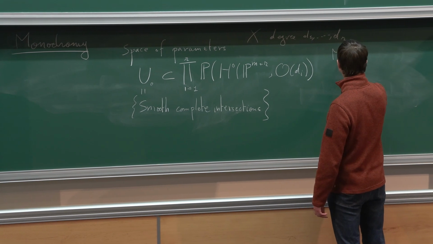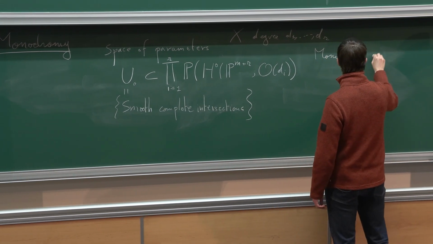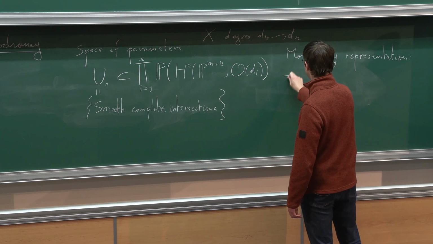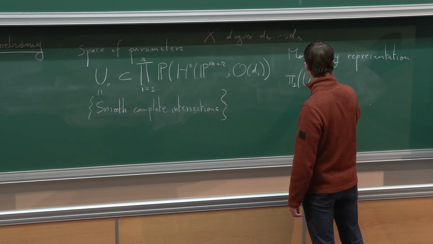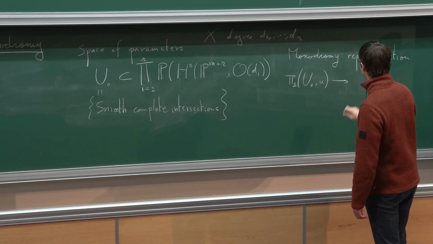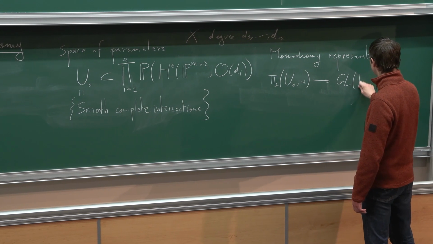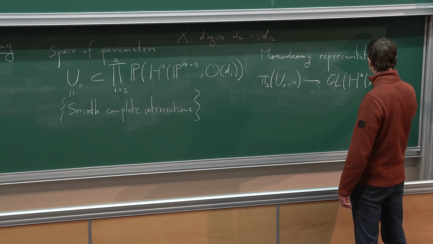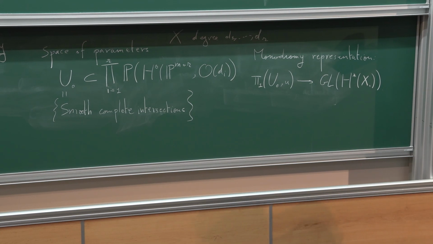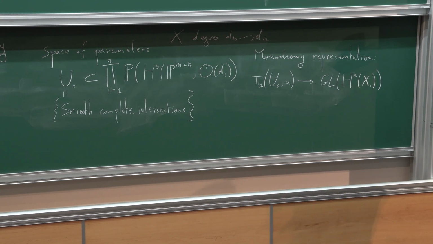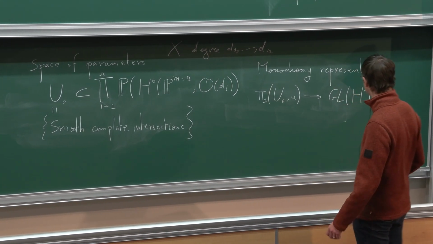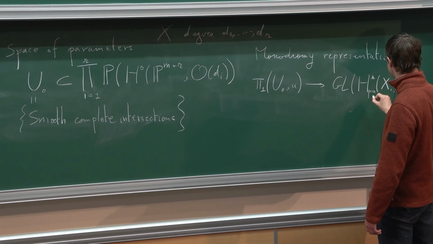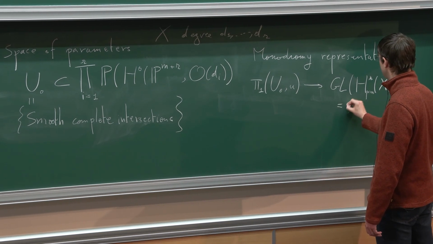So you get a monodromy representation from the fundamental group, with some base point q, acting by linear transformations on the cohomology of the corresponding complete intersection. The part coming from the ambient projective space is fixed under this monodromy action, because the ambient thing is fixed. So actually the action factors through the primitive part of the cohomology, what I call GL(V).